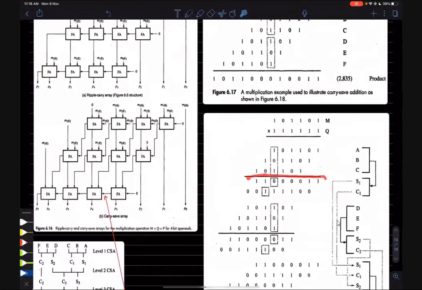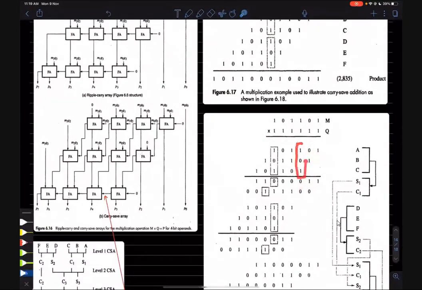These are the addition results of these bits, and these are the carries generated in each step of addition. If we do the addition in this step, whatever carry is generated, you have to write it here.